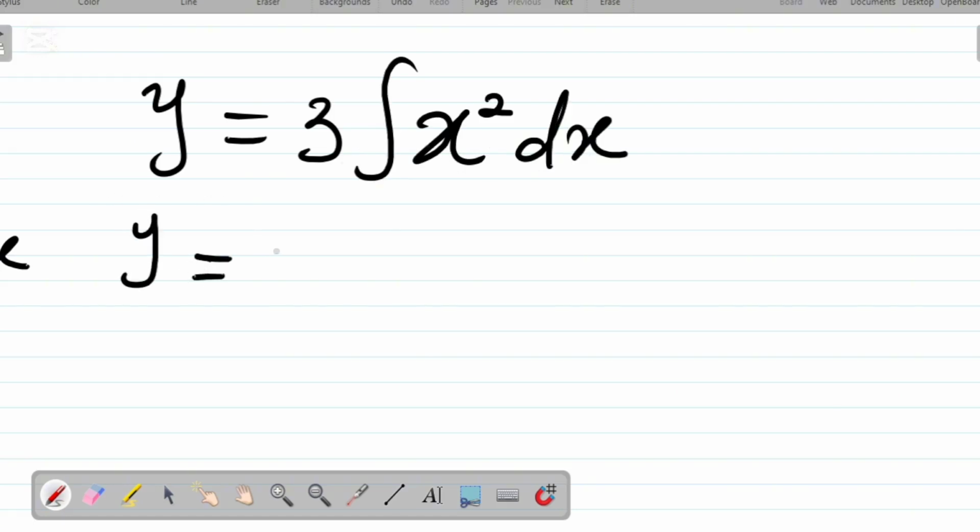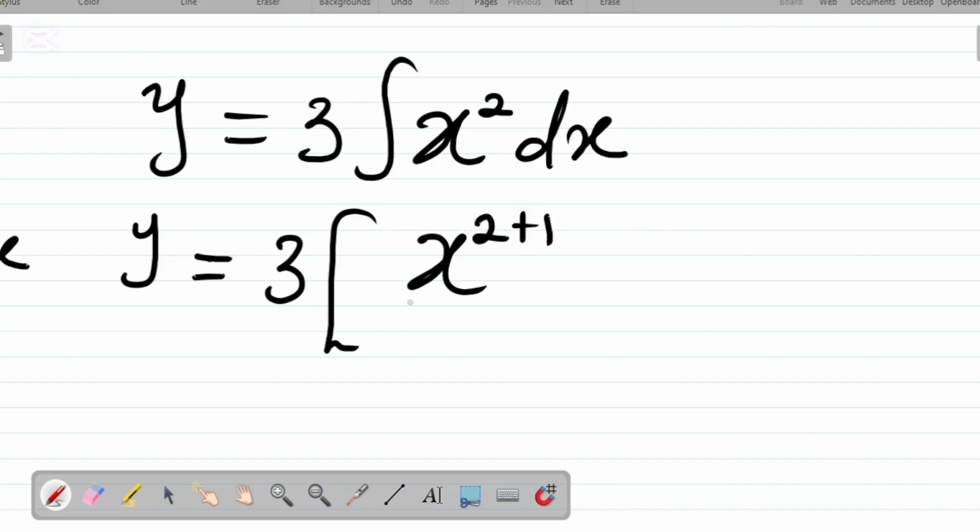y becomes 3 open bracket. If you integrate x raised to power 2, you would have x raised to power 2 plus 1 all over 2 plus 1 close bracket. Remember, in integration, you add 1 to the power and divide by the power plus 1.